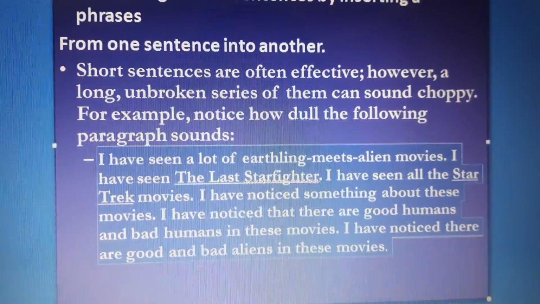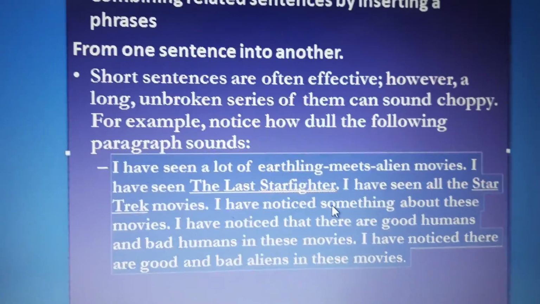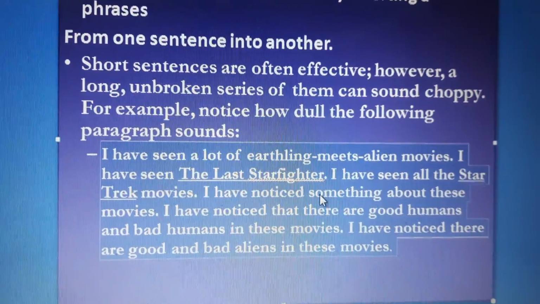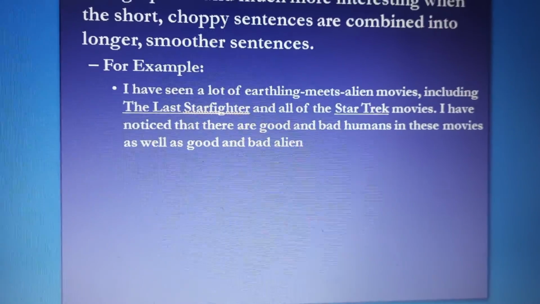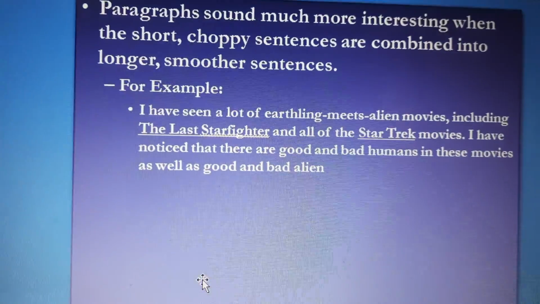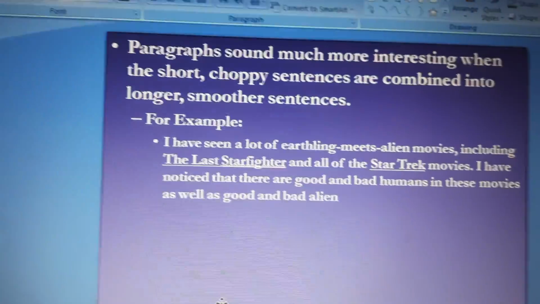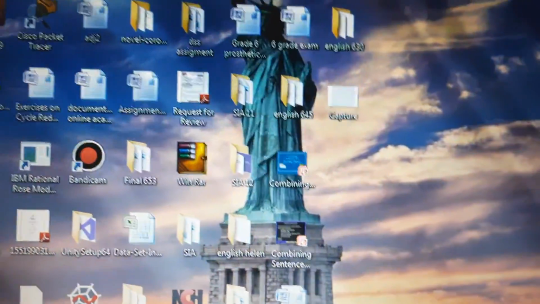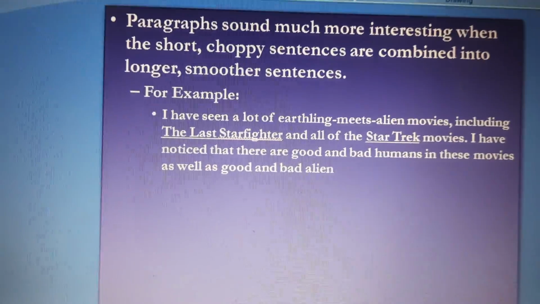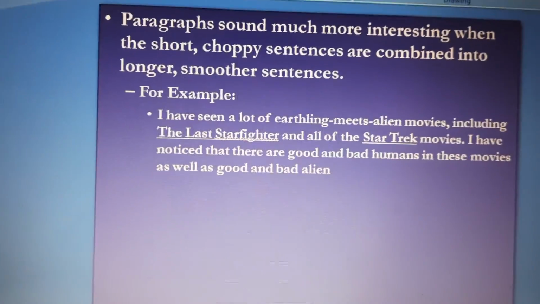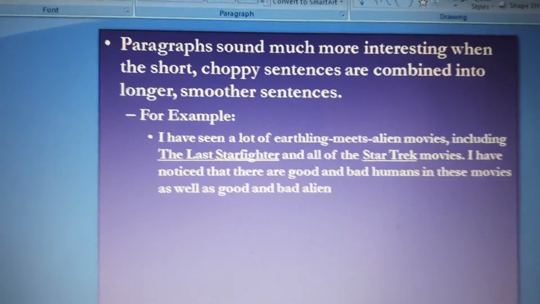A lot of periods, a lot of I have seen, I have noticed. You can make it smoother and shorter. You can write these two sentences into one sentence. That's why you can come up with a good and strong sentence.